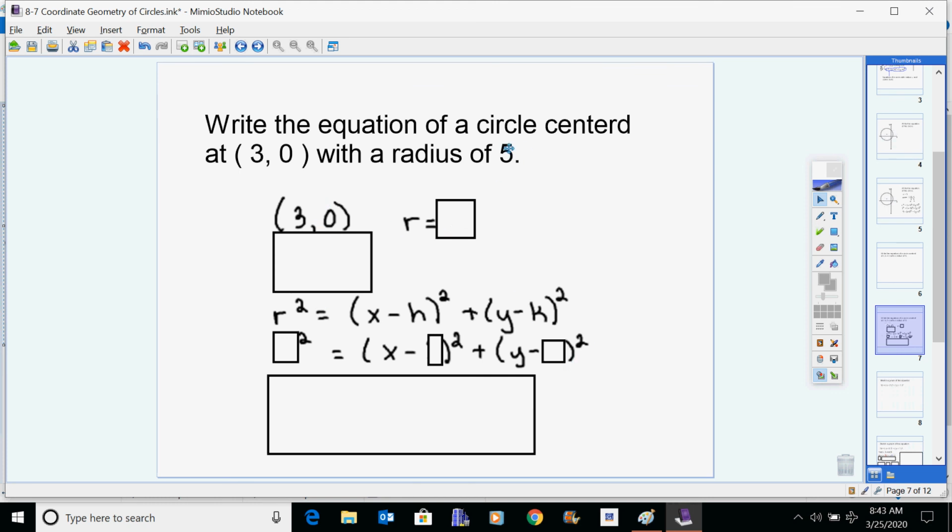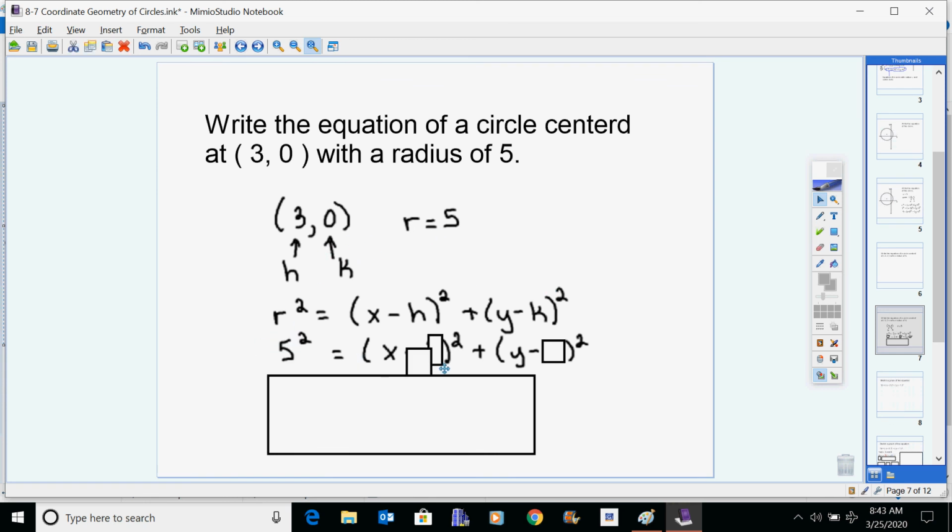Our radius in the words here is given as 5, so you identify your radius. It's centered here at 3, 0, so you identify your h and your k. And then on top of that, you start with your blank equation for the equation of a circle, and you just plug in your numbers.